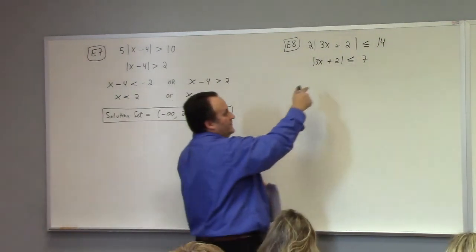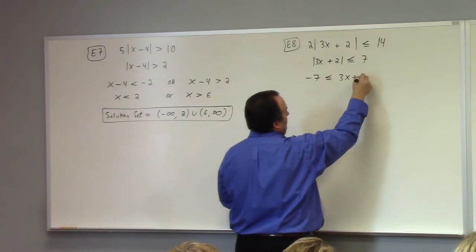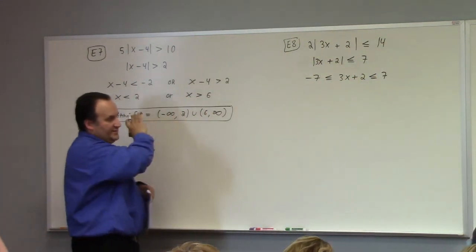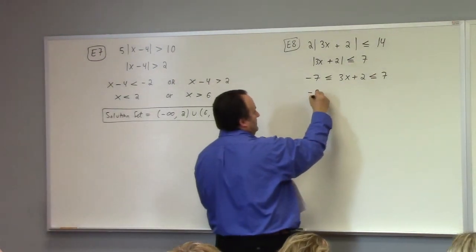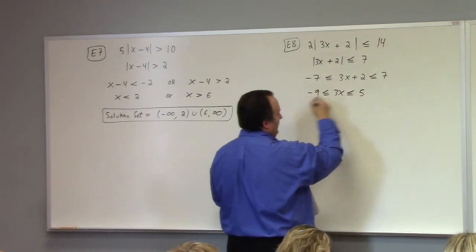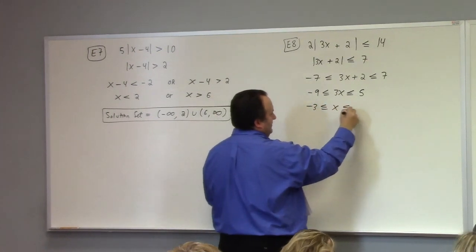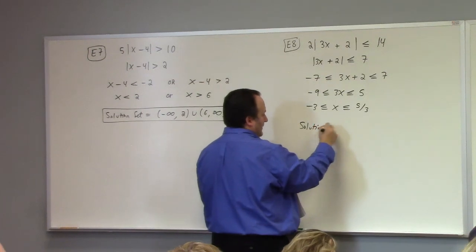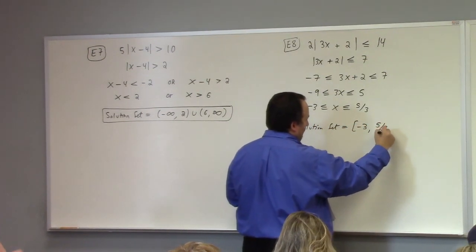So this one we do as minus 7 less than or equal to 3x plus 2 less than or equal to 7. Subtract 2 across the inequality. We get minus 9 less than or equal to 3x less than or equal to 5. Divide by 3: minus 3 less than or equal to x less than or equal to 5/3. The solution set is minus 3 included to 5/3.